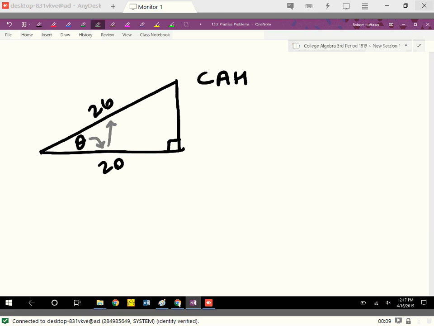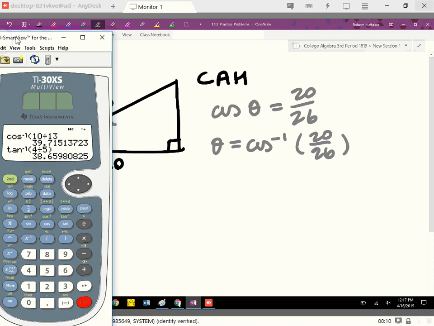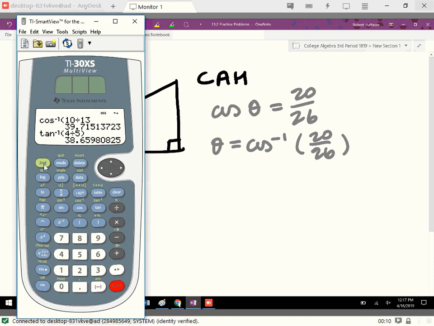So I write down cosine of theta equals 20 divided by 26, meaning theta is inverse cosine of 20 over 26. Grab the calculator. I'm going to do inverse cosine, which is second and cosine, 20 divided by 26. That's 39.715 degrees.